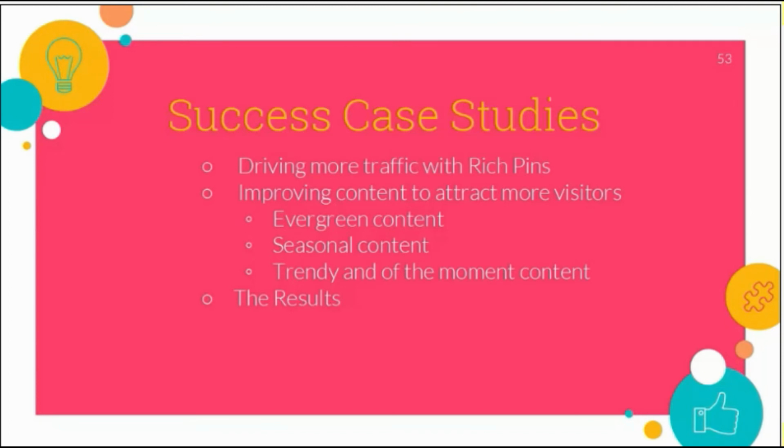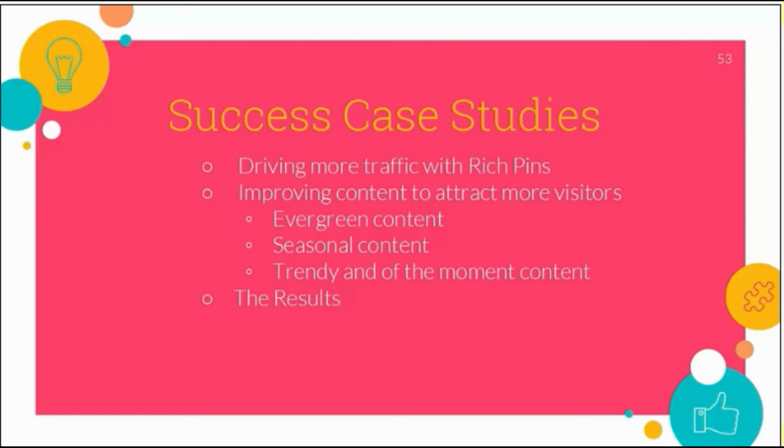Improving content to attract more visitors. To achieve that success, About.com creates a strategic blend of pins across three buckets: evergreen content, seasonal content, and trendy and of-the-moment content. Evergreen content pins work any time of the year, like how-tos, best practices, and tips.